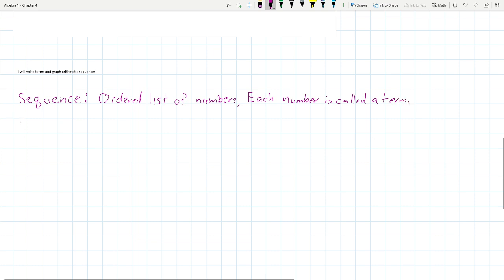Alright. The next one is called an arithmetic sequence, which you can probably imagine is related. An arithmetic sequence.